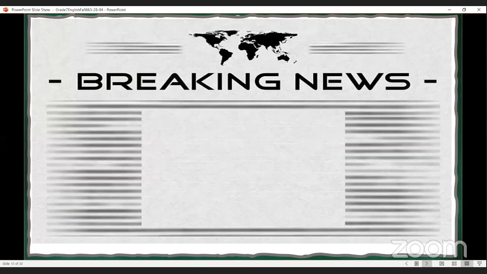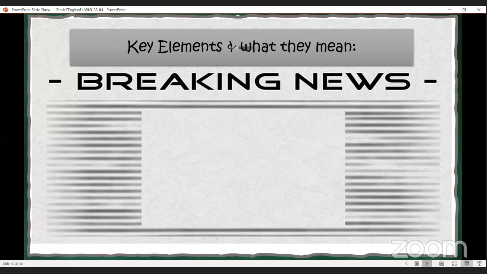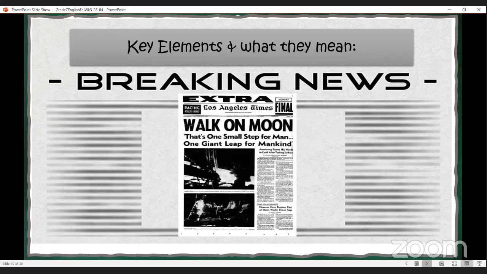Now we move on to the next key element. Okay, body. Now this isn't an actual human body. Remember, we're talking about the article. The body of the article. So we have the lead paragraph. We know what the headline is. We know what the byline is. Now we want to know what the body is.